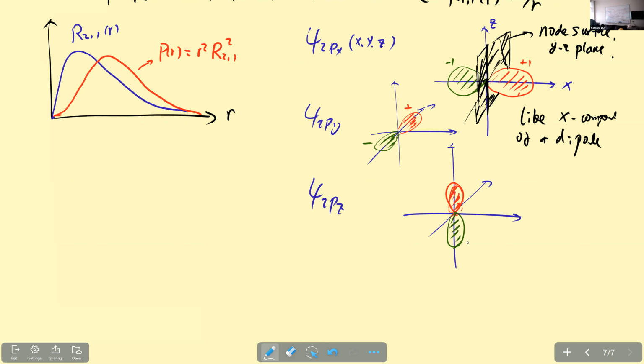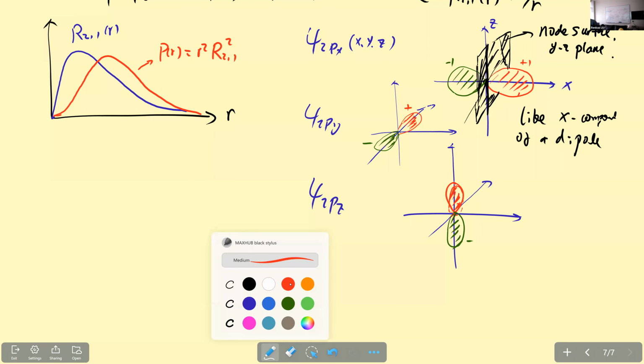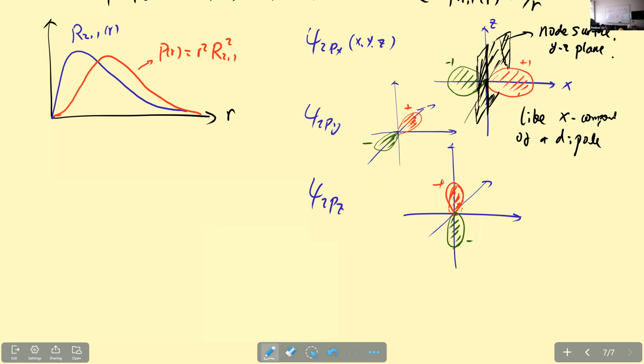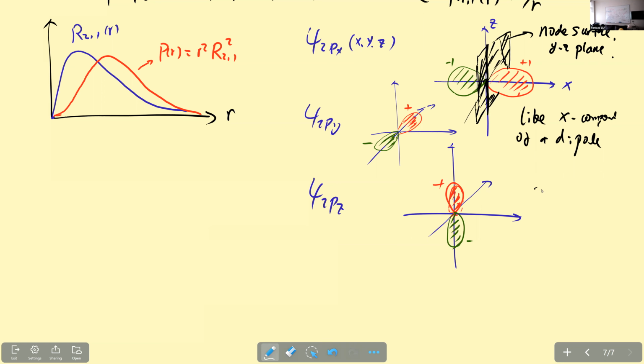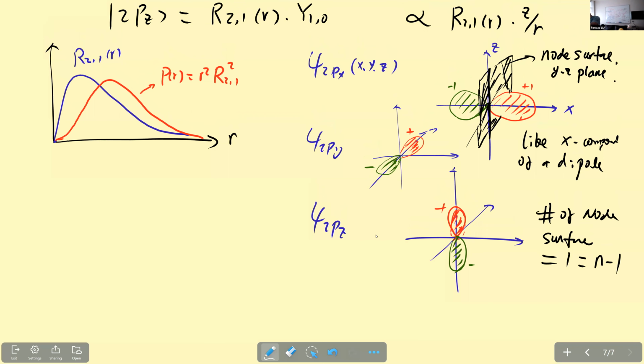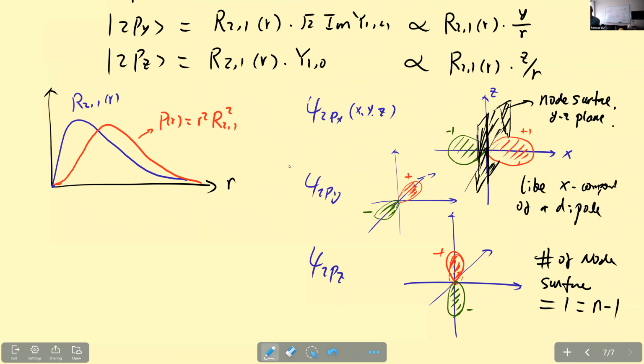This is negative, and this is positive. So all of them have one node surface, which equals n minus 1, because n equals 2 in this case. All right, so this is the 2p states.